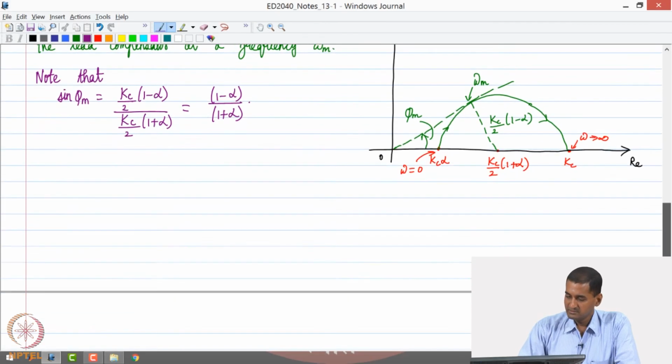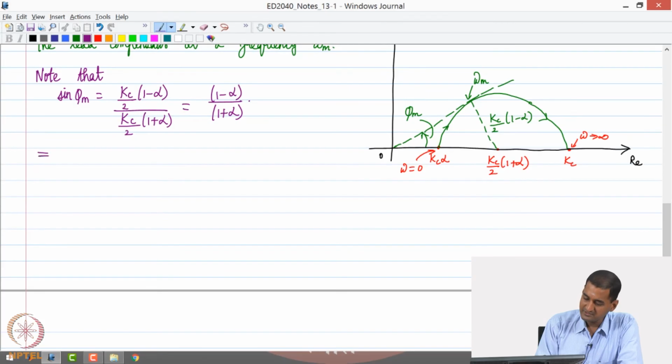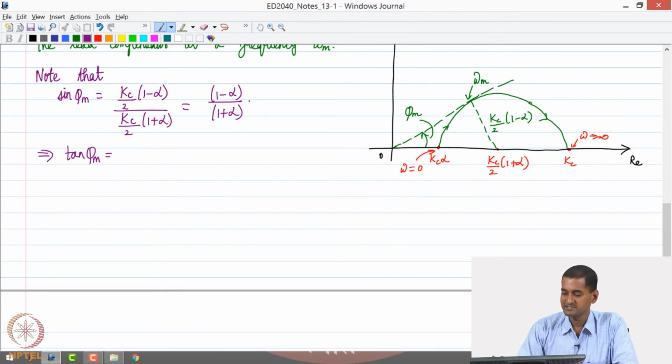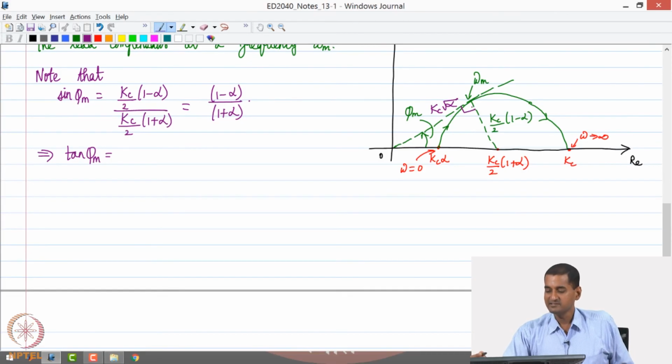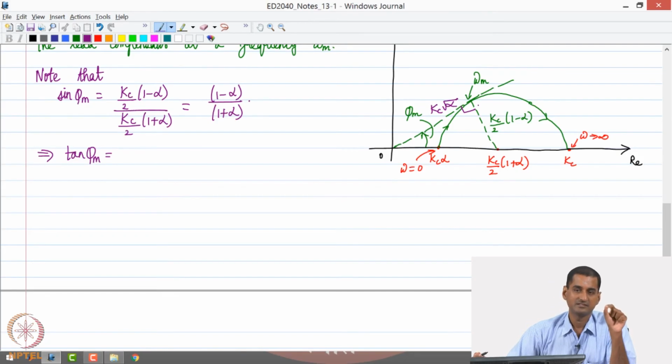Now, we can also observe that tan phi m is going to be the opposite divided by the adjacent side, and the length of this adjacent side is going to be kc times square root of alpha. Because this is a right angle triangle, you can use the Pythagoras theorem to figure out the length of this line segment from the origin to the point where the tangent touches the semicircle.